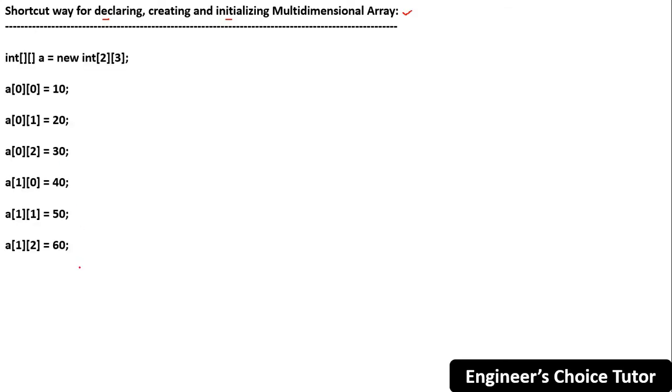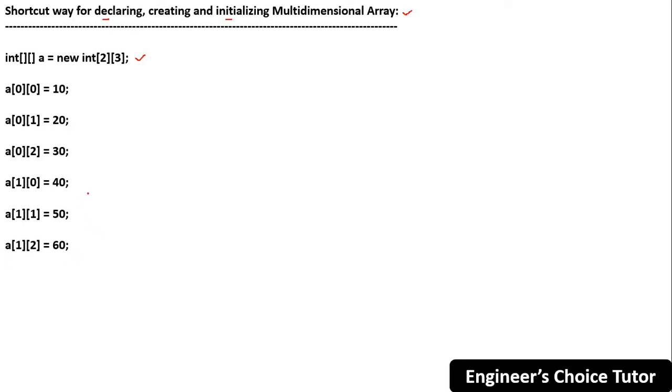So now we have to see the shortcut way for declaring, creating and initializing a multi-dimensional array. I will take an example of a two-dimensional array. We have already seen how to create a two-dimensional array and how to set the values. If you have not seen that lecture, please see our lecture on how to create a multi-dimensional array, so you will get to know this.